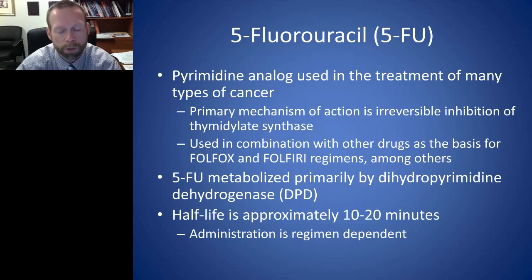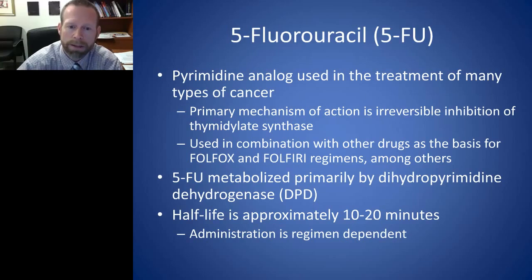FOLFOX now has multiple iterations. I think it's now up to 6, and there may be a 7 or 8 out there that I'm not aware of. But there are at least 6 FOLFOX regimens, where you're using leucovorin, fluorouracil, and oxaliplatin in various combinations.